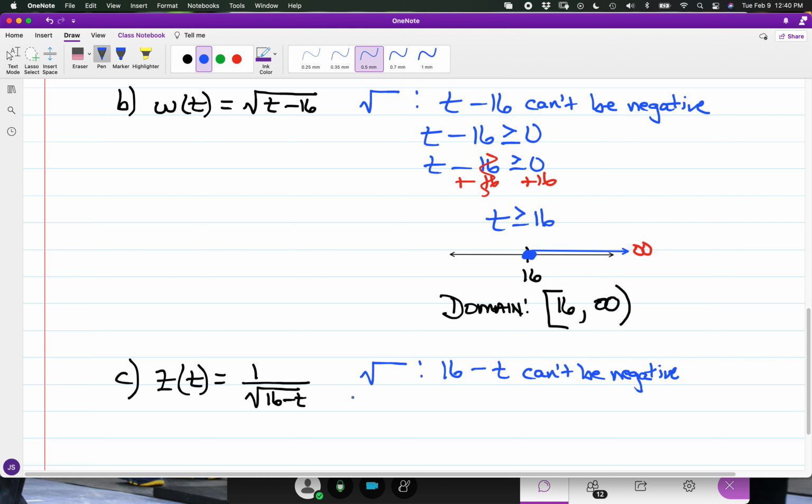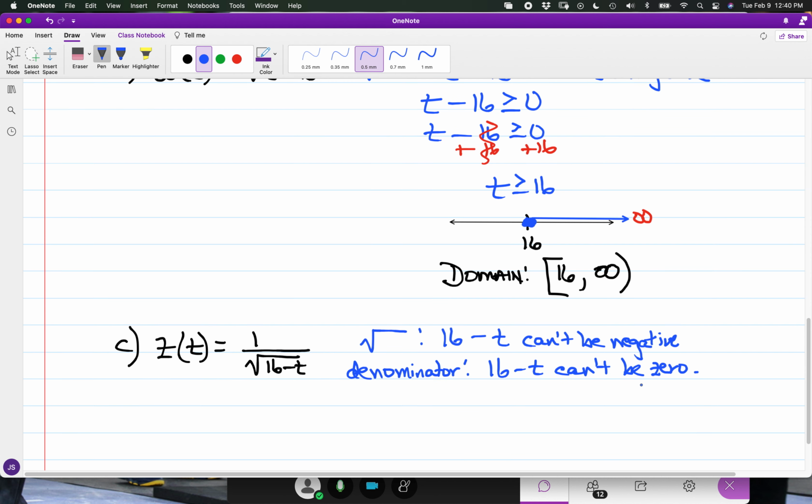And once again, because we have 16 minus t in the denominator position, 16 minus t cannot be 0. So it can't be negative, can't be 0. So the only category that 16 minus t can be is positive.